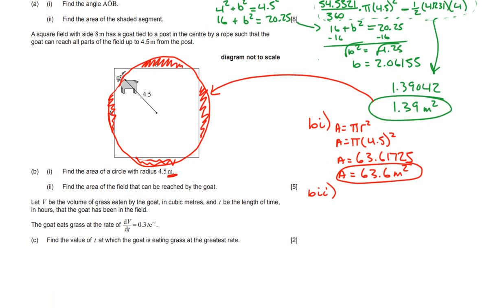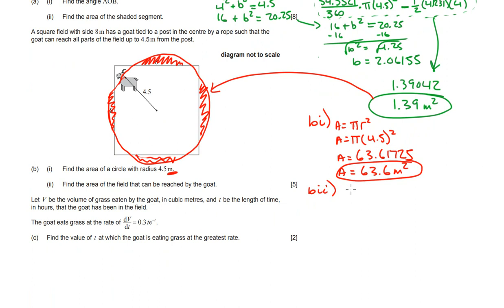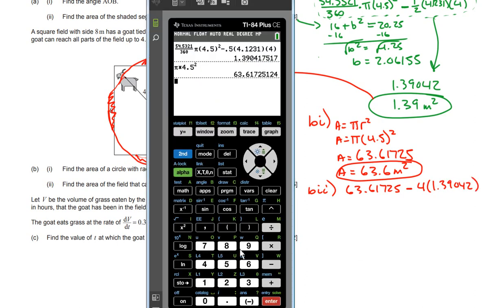So what we're going to want to do is take our 63.6, but again, I'm going to start with 63.61725, and then we're going to subtract off 4 of these things here. And again, I left the unrounded number back up there. 4 times 1.39042, and then let's see what we get. We've got that number in there already.